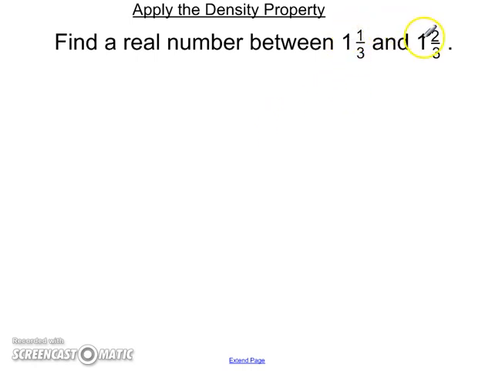Now the nice part, because these are both 1 and a fraction, I only have to deal with the fractional part of them. It's going to be 1 and something, so in this case I can just ignore the 1 for right now. So if I add these together and divide them by 2, this will be 3/3. But if I divide 3/3 by 2, we have to go through our steps of dividing fractions.